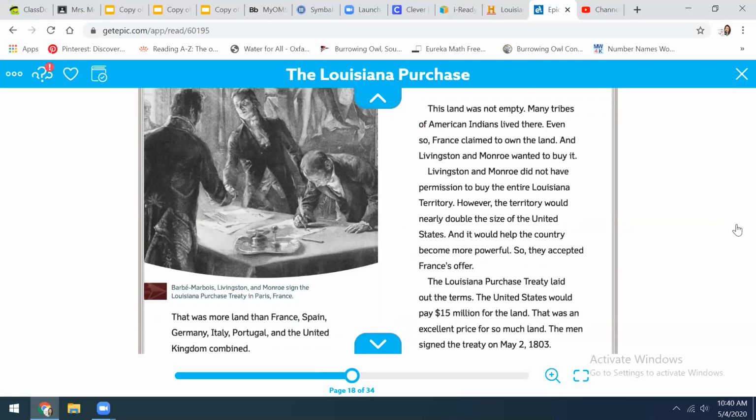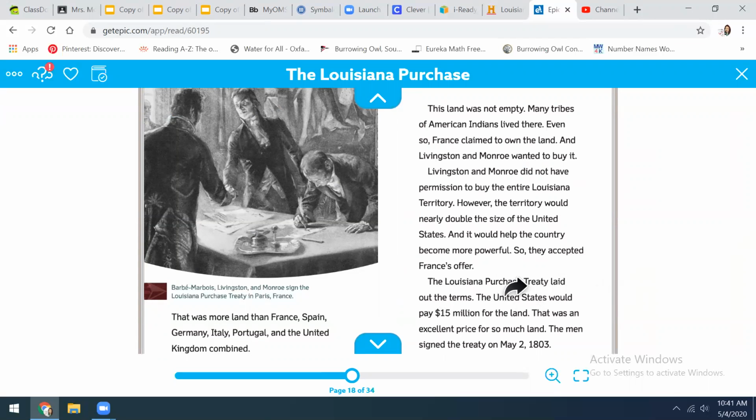Though this land was not empty. Many tribes of the American Indians lived there. Even so, France claimed to own the land, and Livingston and Monroe wanted to buy it. Livingston and Monroe did not have permission to buy the entire Louisiana territory. However, the territory would nearly double the size of the United States, and it would help the country become more powerful. So they accepted France's offer. The Louisiana Purchase Treaty laid out the terms.